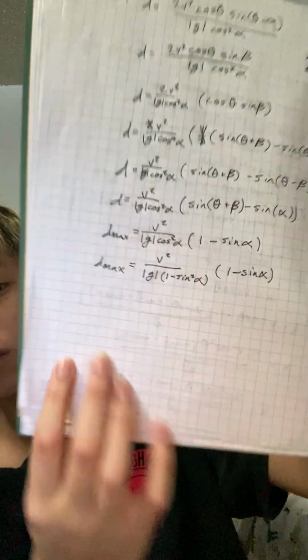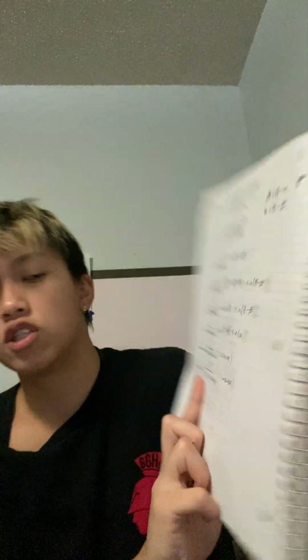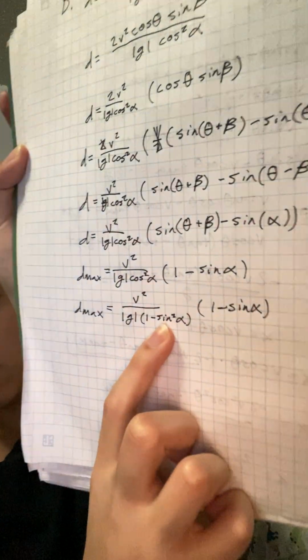Next, you need to recognize that down in the denominator, 1 minus sine squared alpha is a difference of squares.